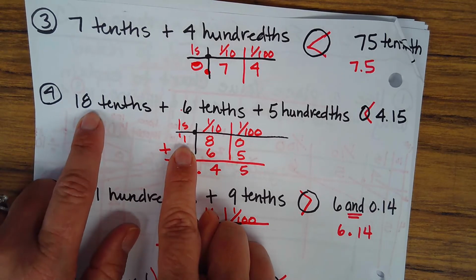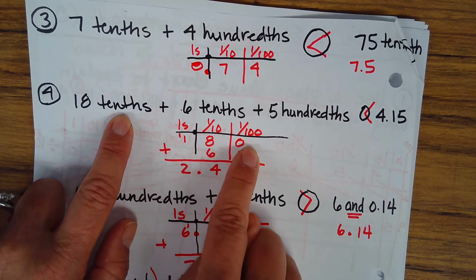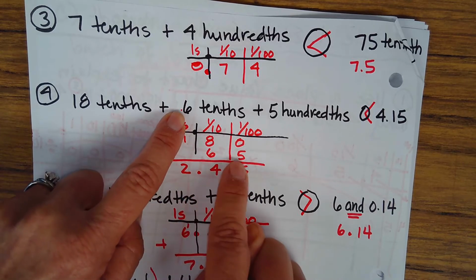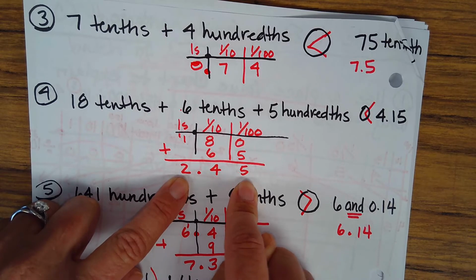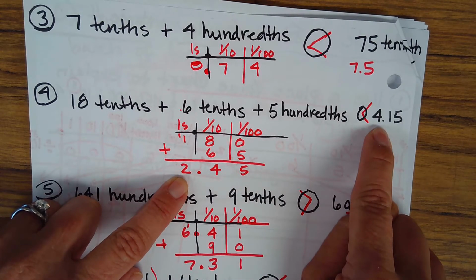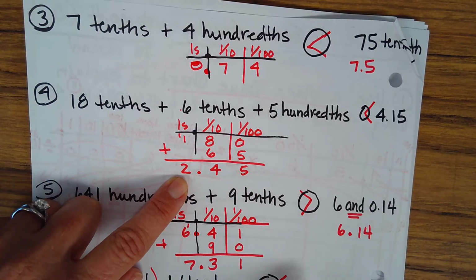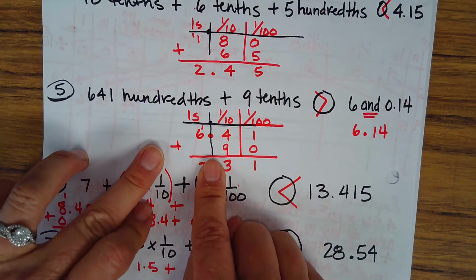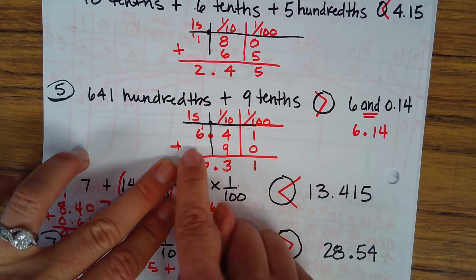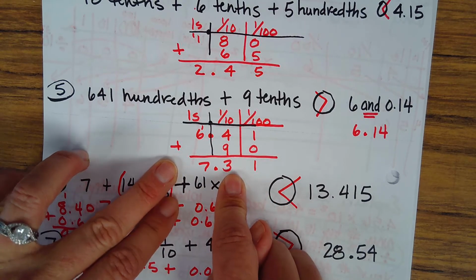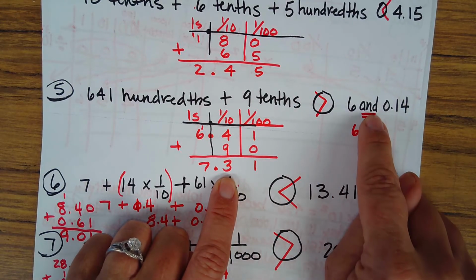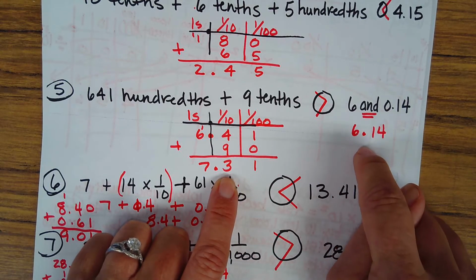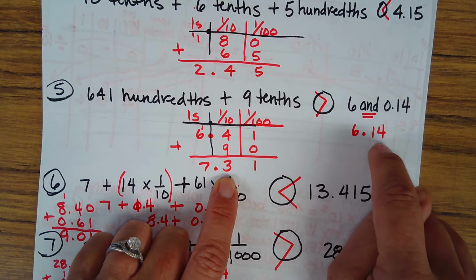I went 1 and 8 tenths, which is 1 and 8, 0, plus 6 tenths and 5 hundredths. I added it up, and then I was able to compare it to 4.15. Then here, I used the place value chart again. I added these up to see that 7.31 is greater than 6, and remember the word and means the decimal point, 6 and 14 hundredths.